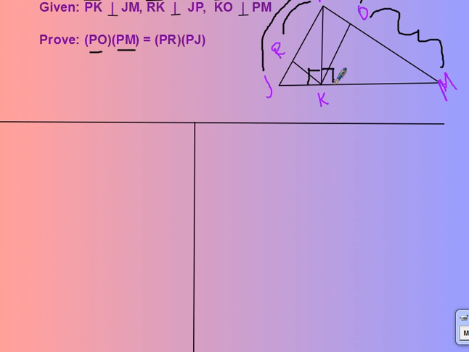And once we have that in there, I think that's going to give us two right triangles, and that'll allow us to discuss these.